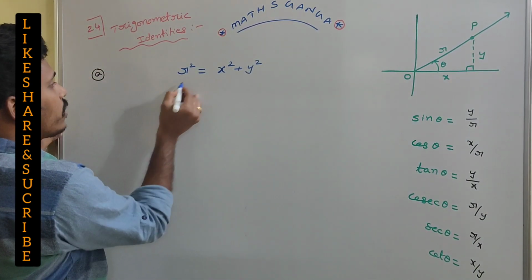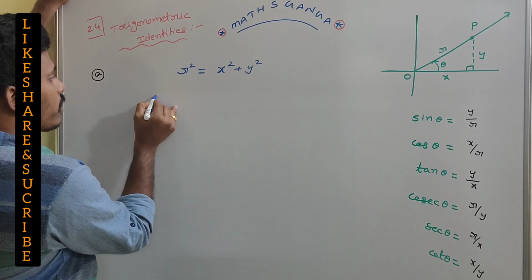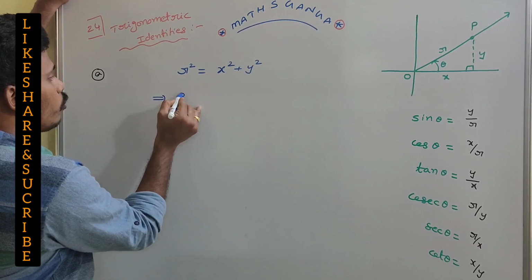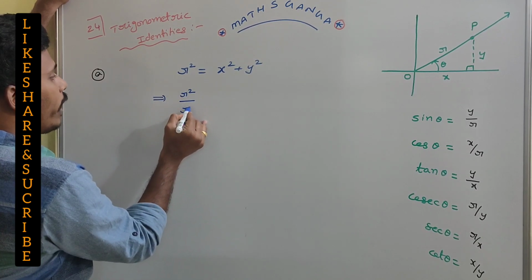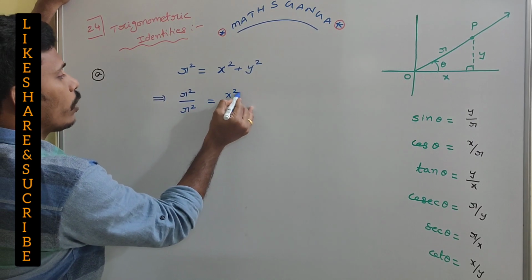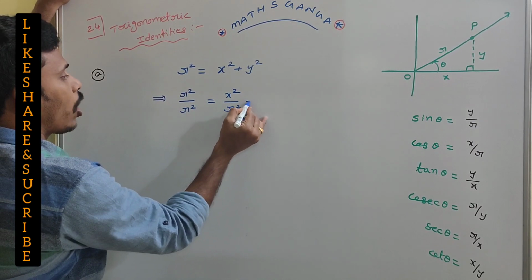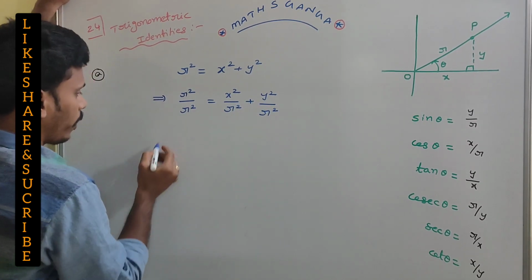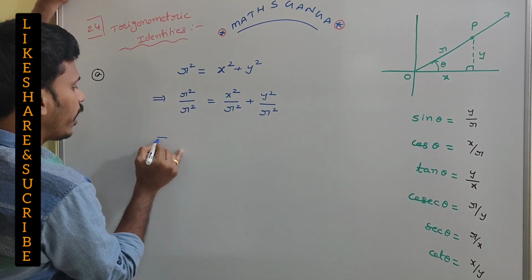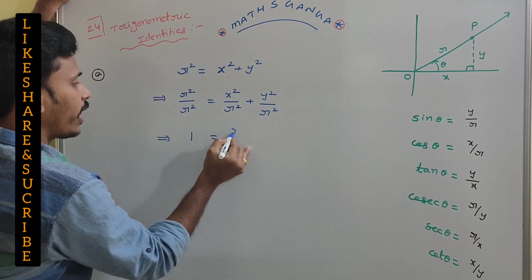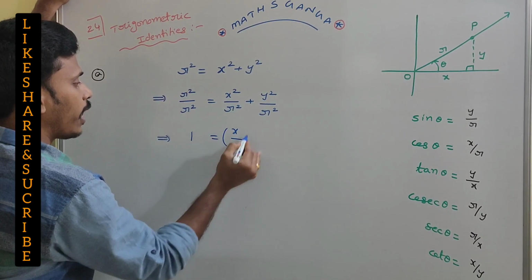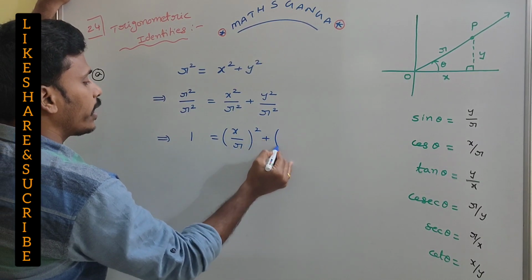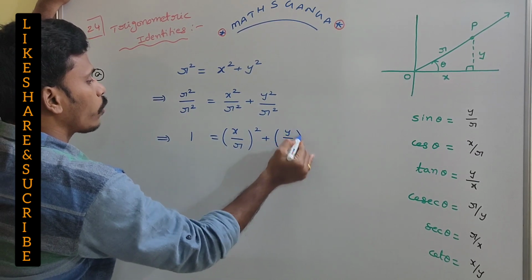Then r square divided by r square is equal to x square by r square plus y square divided by r square. On the left side I have 1, and on the right side x by r whole square plus y by r whole square.